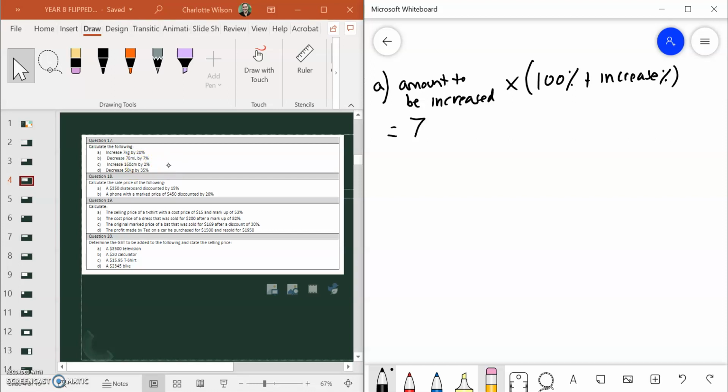So that means that we're going to have 7 kilos times 100% plus 20%. Now 100% plus 20% is 120%, which if we convert it to a decimal is 1.2. So we need to do 7 times 1.2, which will give us a value of 8.4.